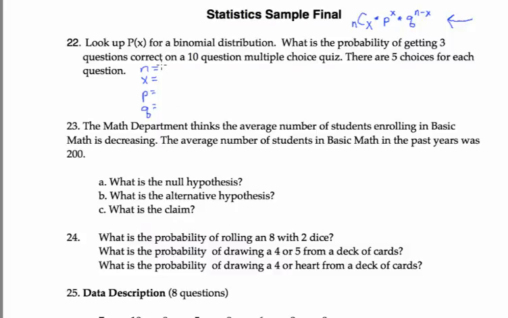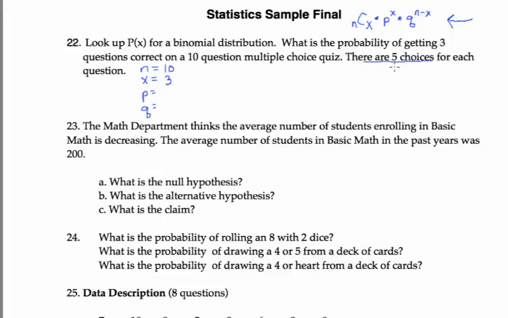So n is the total number of questions, or total number of trials, 10. X is the amount of successes you're looking for. So here we're looking to get 3 questions correct, so that would be a 3, exactly 3. P is the probability of success on one event. So there are 5 choices per each question.